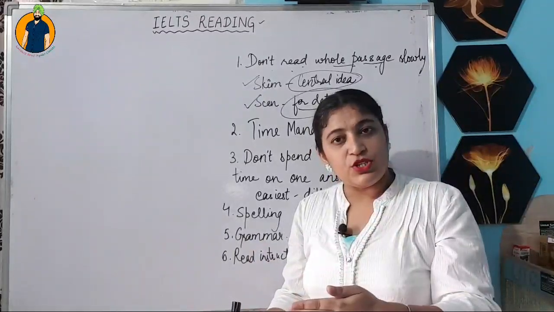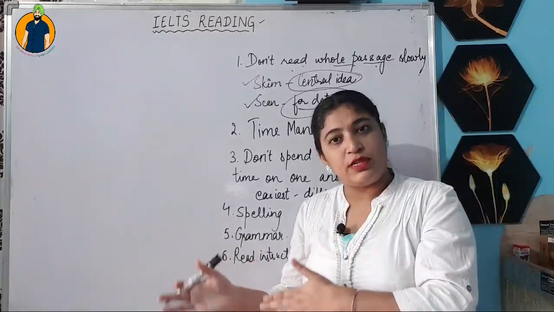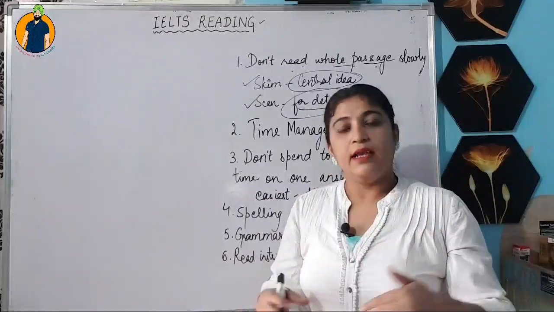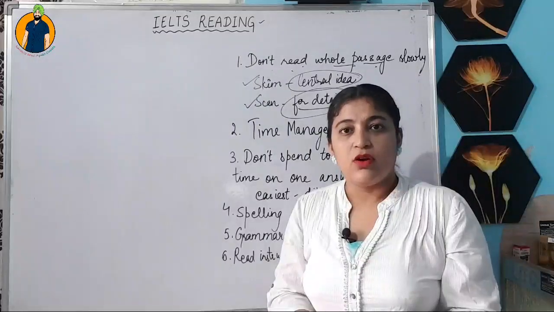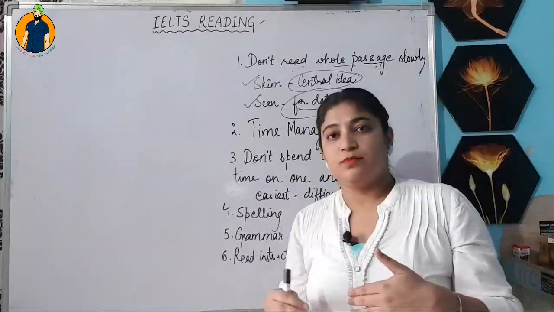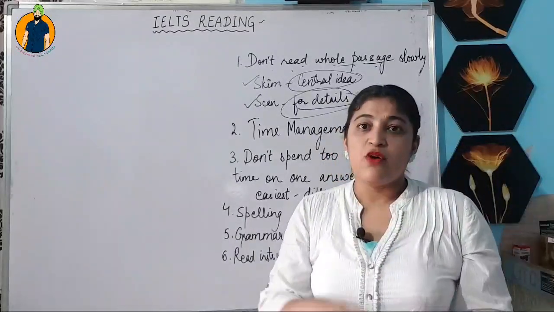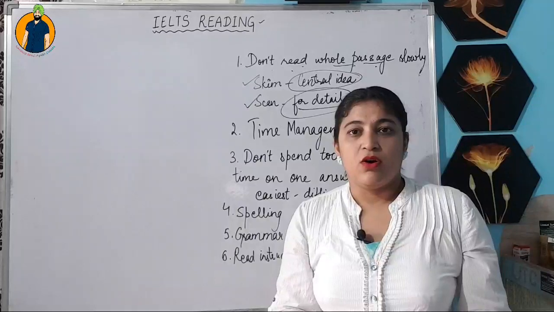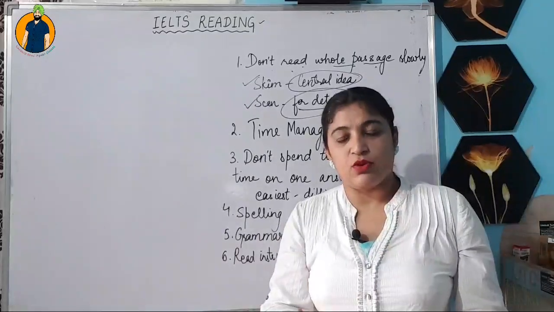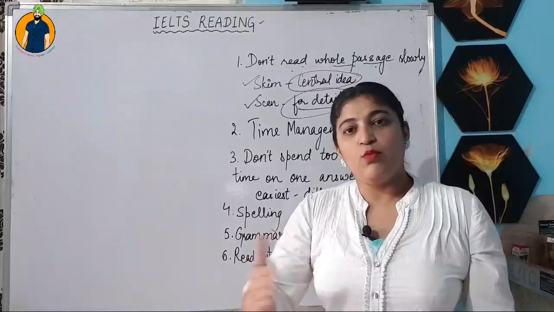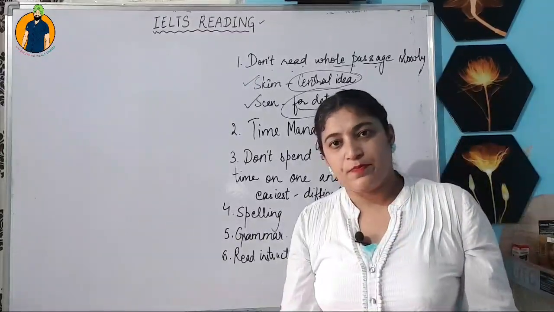After doing all the questions, when you have time, go back and review that question in detail and find out the answer. The best method is to first answer the questions you find easiest, then move towards the difficult ones.